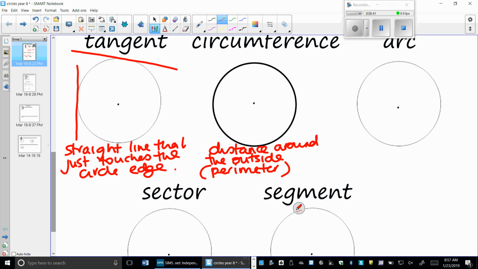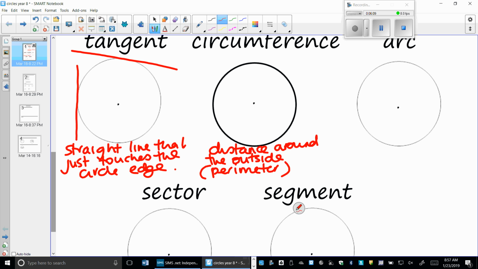An arc. What do we think an arc is? Maybe like half of the circle? Not half of the circle, no. Try and describe it using words that we've already had. So half of the... It doesn't have to be half though.